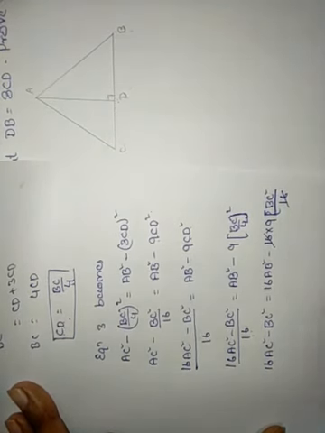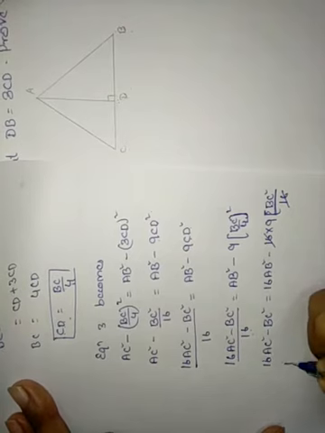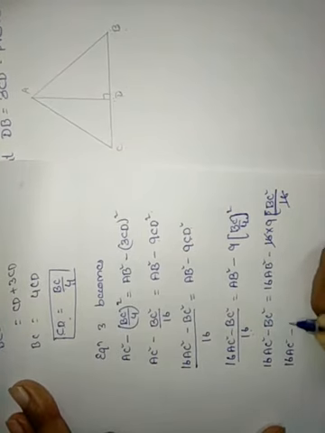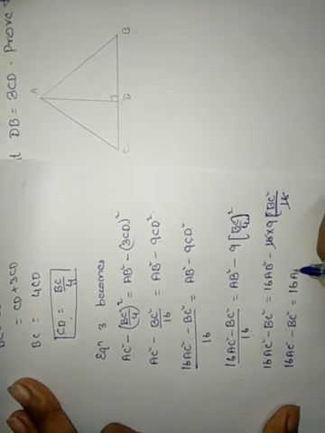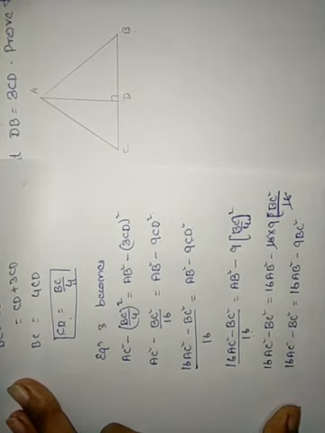Now this 16 gets cancelled. We'll write 16 times AC square minus BC square is equal to 16 times AB square minus 9 into BC square.